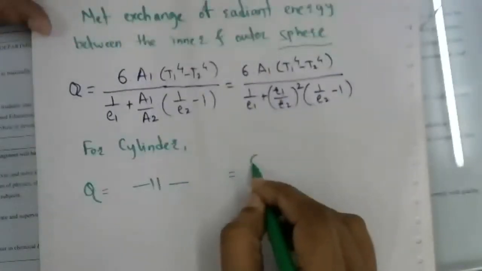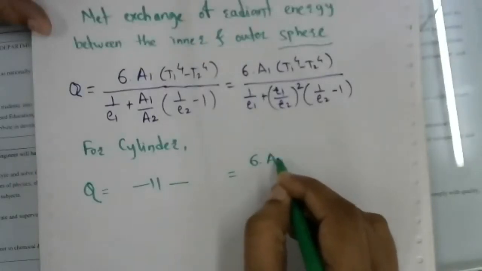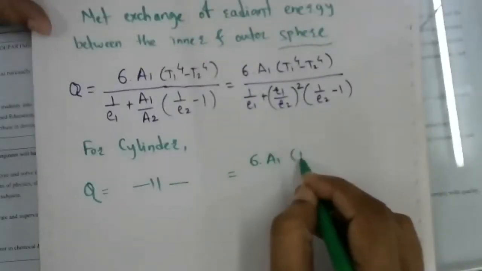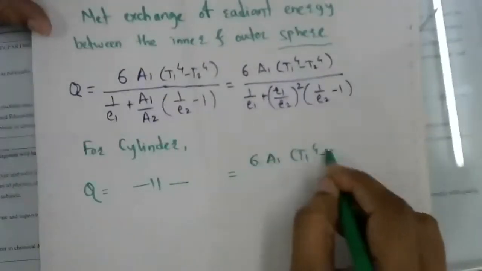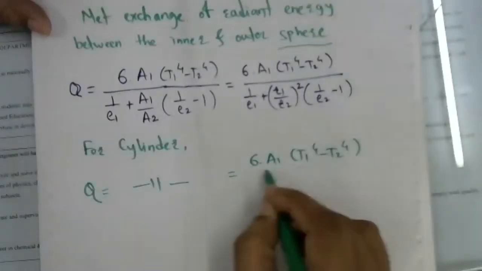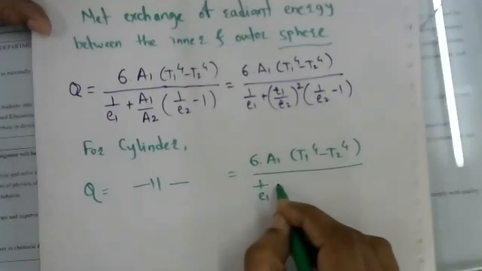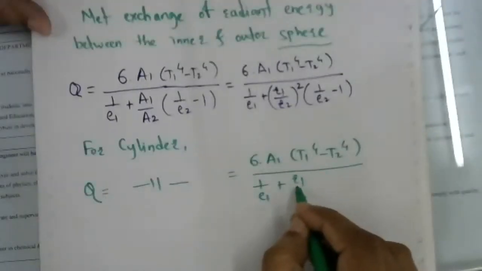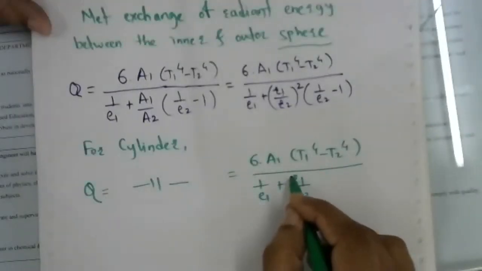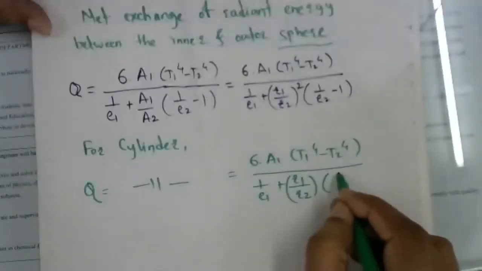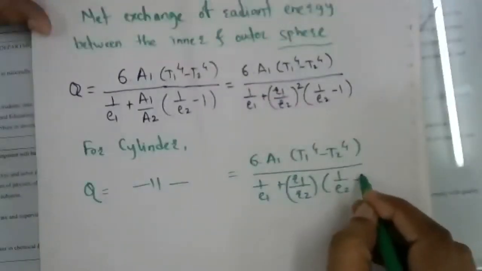So here sigma A1 into T1 raised to 4 minus T2 raised to 4 divided by 1 upon E1 plus R1 by R2 into 1 upon E2 minus 1.